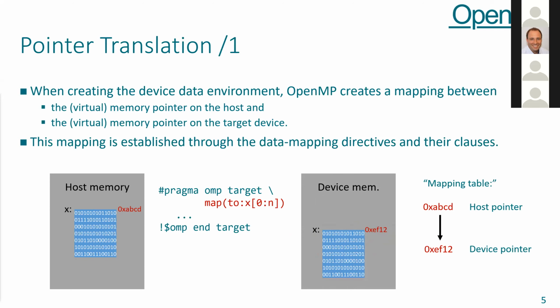OpenMP uses that information, as I explained earlier, to figure out if data has been mapped before as part of the presence check that we explained. And so what we now need is a way to tell OpenMP to give out that part of the mapping table so that we can stick it into the HIP kernel and invoke that on the right data buffer.